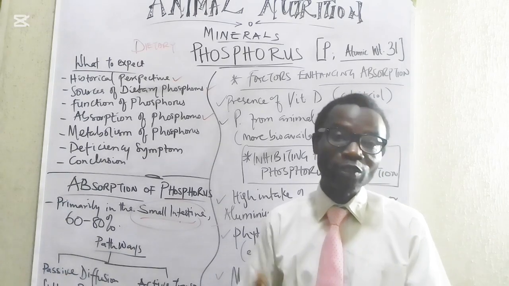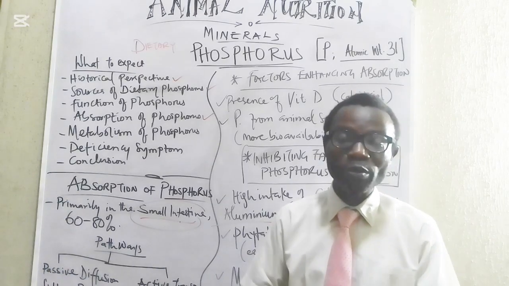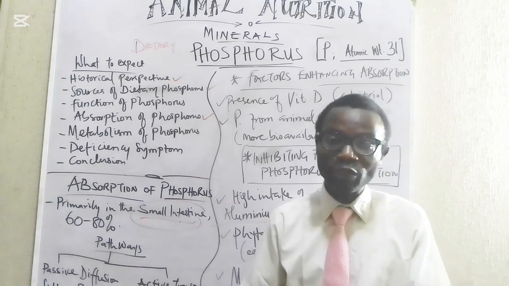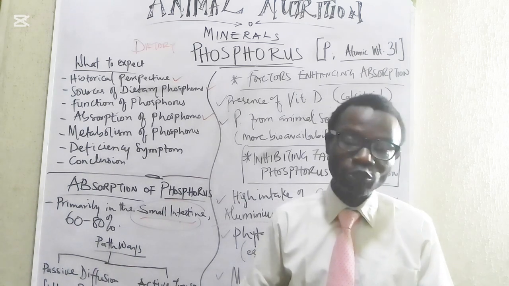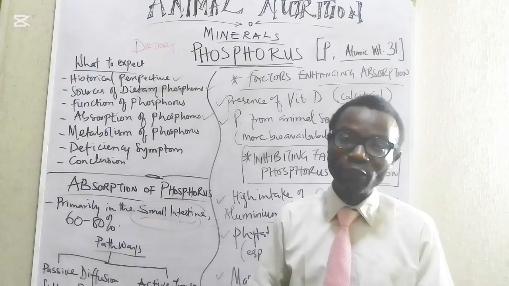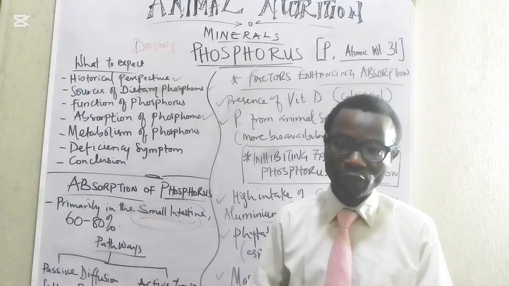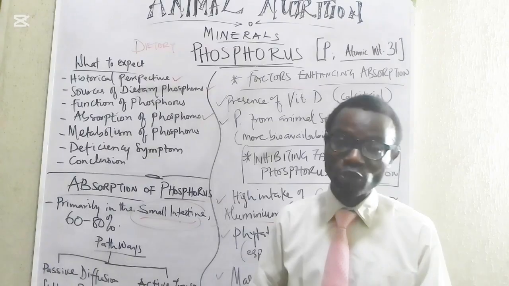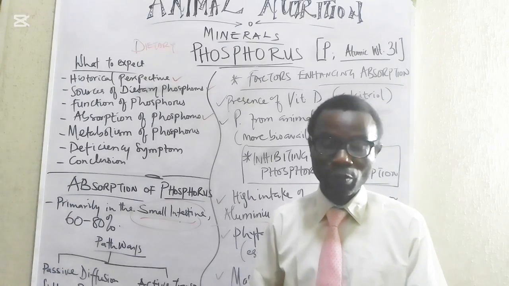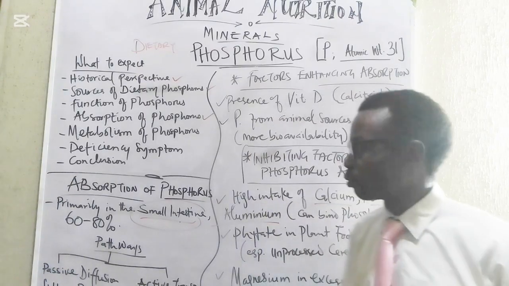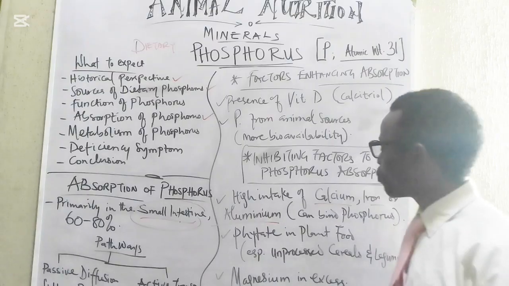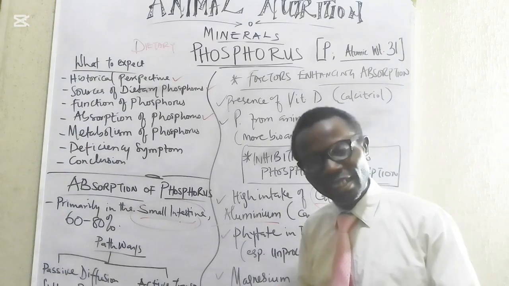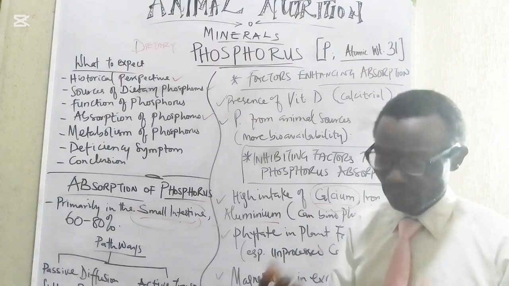So if you want the both of them to be properly absorbed, one will be higher, and in most cases calcium is made to be higher, because calcium provides more to the function in the strengthening of the bones than phosphorus, and it's also more bioavailable than phosphorus. So when calcium is high, they call them antagonistic minerals.